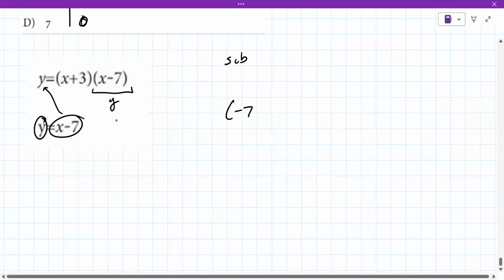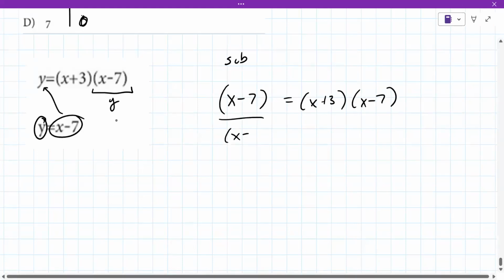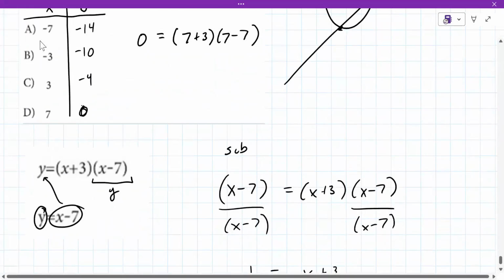Either way, when you have x - 7 on the left equals (x + 3)(x - 7), if you divide both sides by x - 7, which you really shouldn't do, but that's what most students do, you get this right here, and that produces x equals -2, which is not an option.